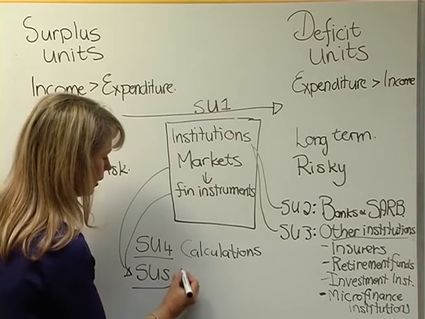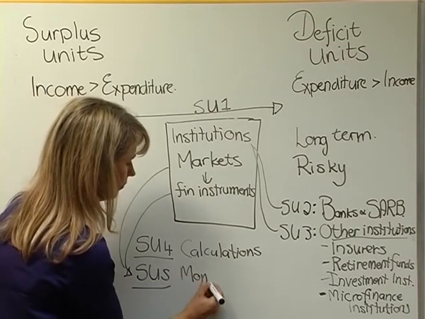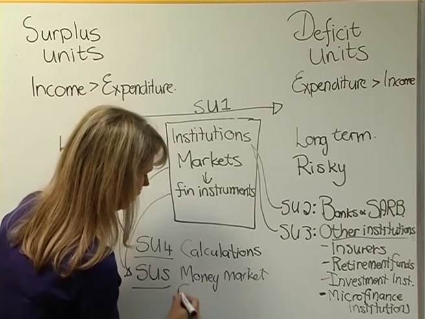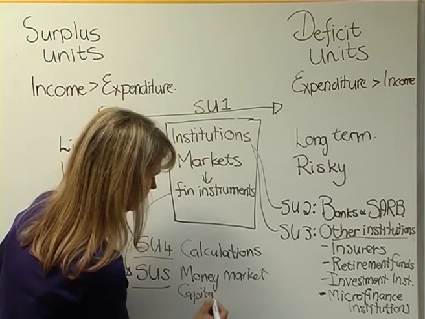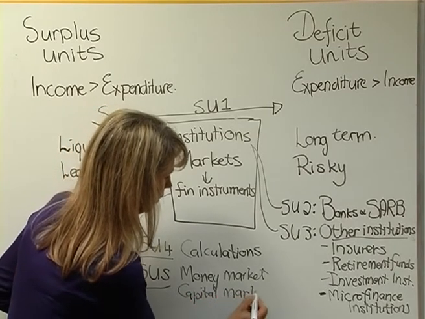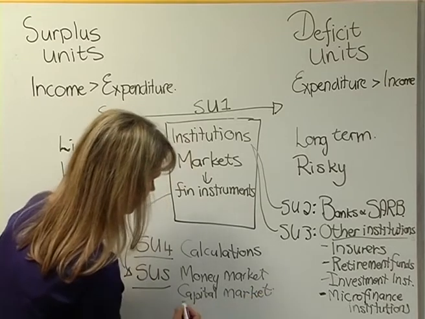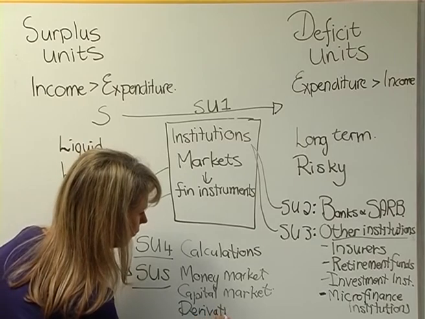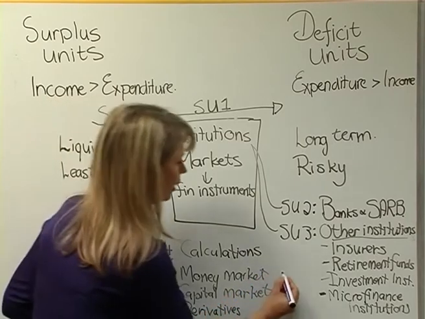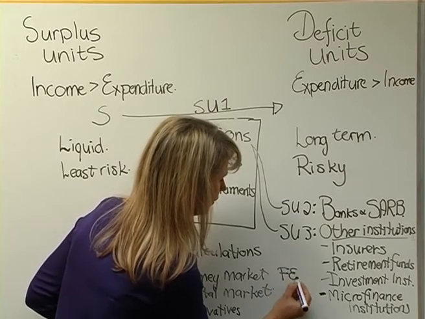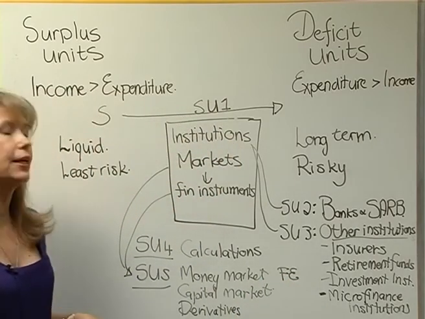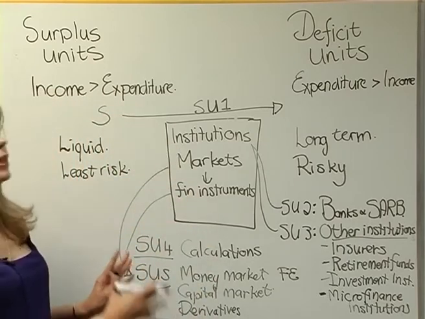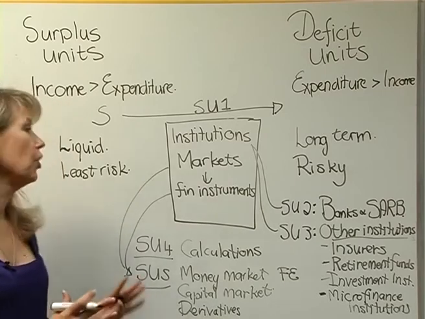So we're going to look at the money market, the capital market, and the derivatives market very briefly. We're going to look at the foreign exchange market, and then we're also briefly going to look at the commodities market.